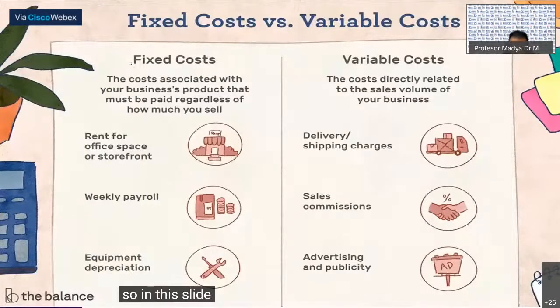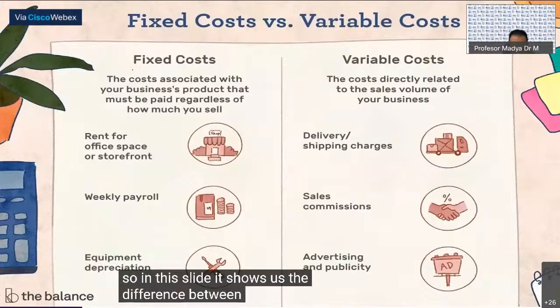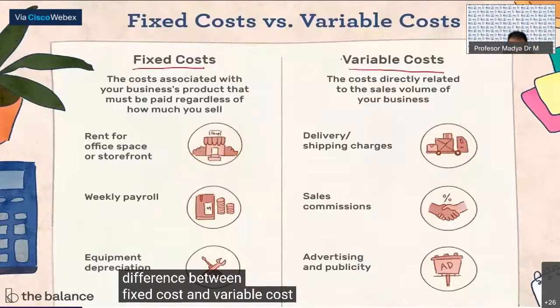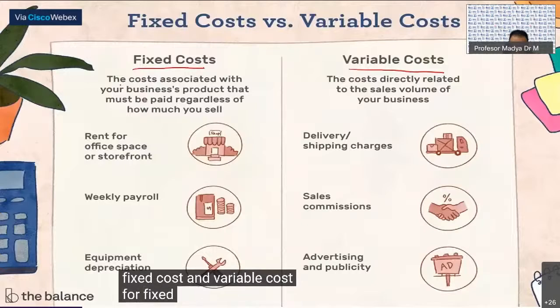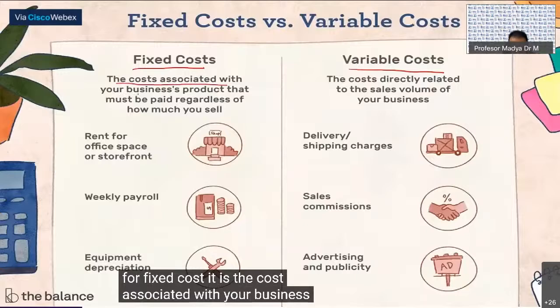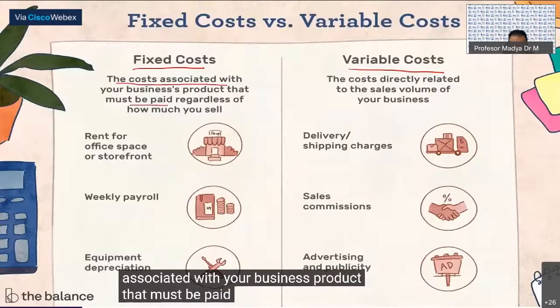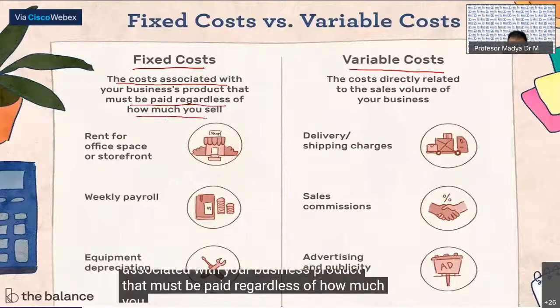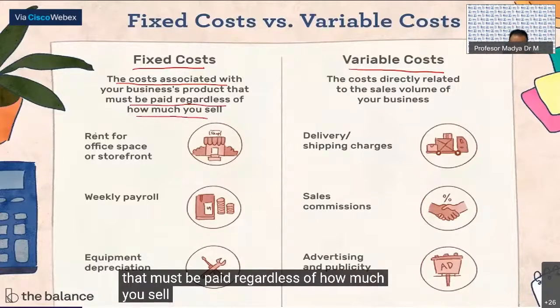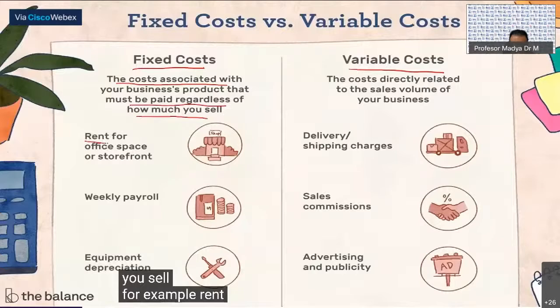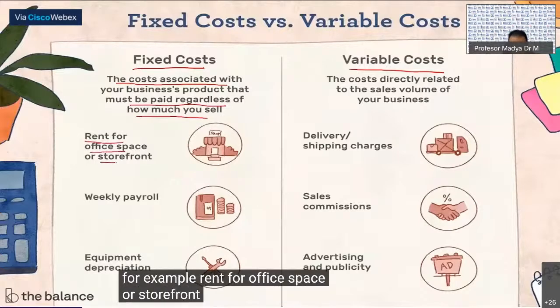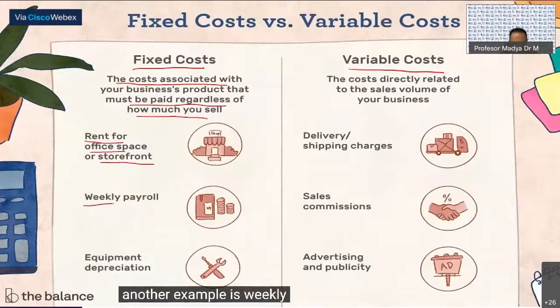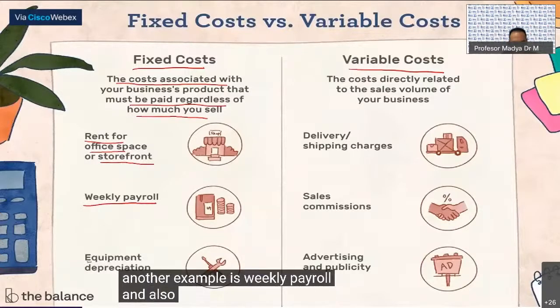So in this slide, it shows us the difference between fixed costs and variable costs. Fixed costs are the costs associated with your business product that must be paid regardless of how much you sell. For example, rent for office space or storefront. Another example is weekly payroll and also equipment depreciation.